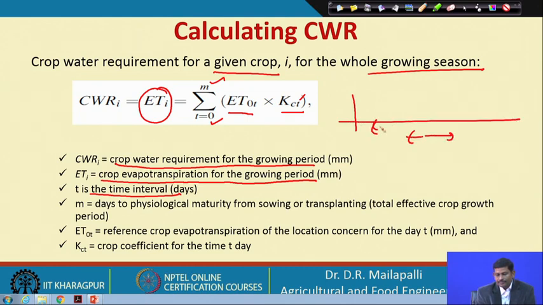You get ET_1, ET_2, ET_3, and if you sum up all those ETs, you get ET for a particular crop, where I is the particular crop. If you have a number of crops in the field, for one crop you get the crop water requirement this much, and if you combine the whole crops you get the total crop water requirement for the whole field.